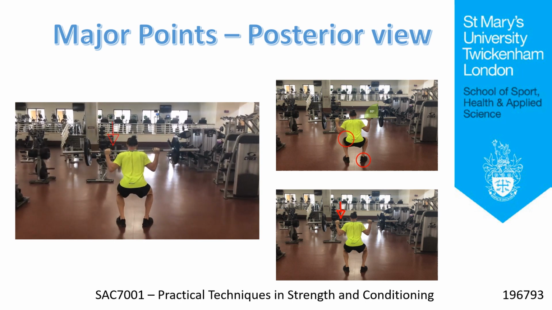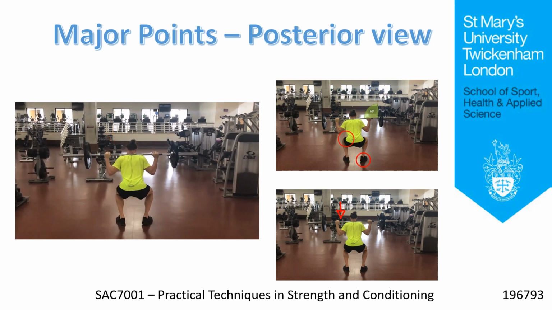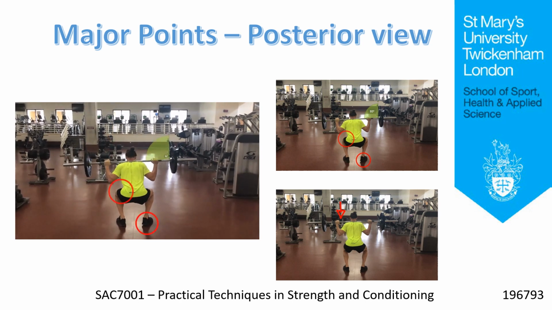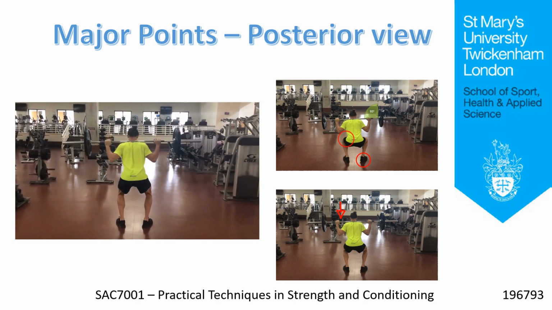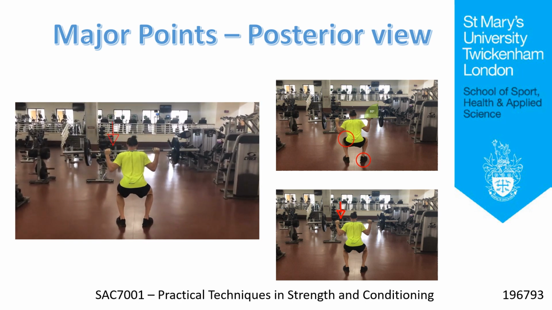This shift to the left side is even more pronounced when we see the movement from a posterior view. We can see the trunk dislocated to the left side and the right ankle lifting off the floor.